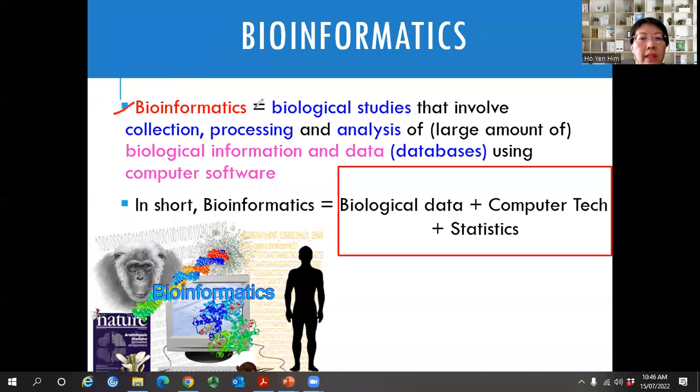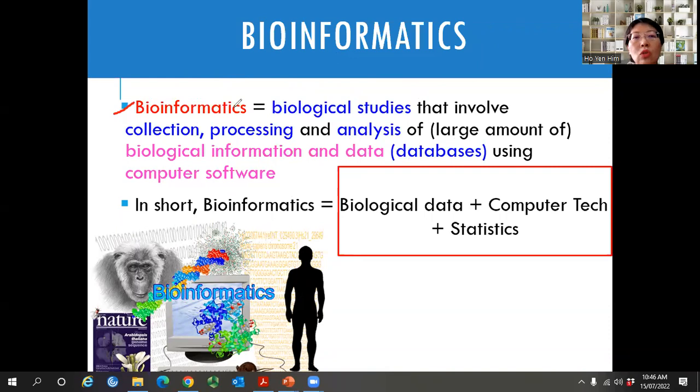Bioinformatics is biological studies that involve collection, processing, and analyzing of large amounts of biological information and data. Actually, this biological information is data, right? In the databases using computer software. So this field is packed under this big title called bioinformatics.